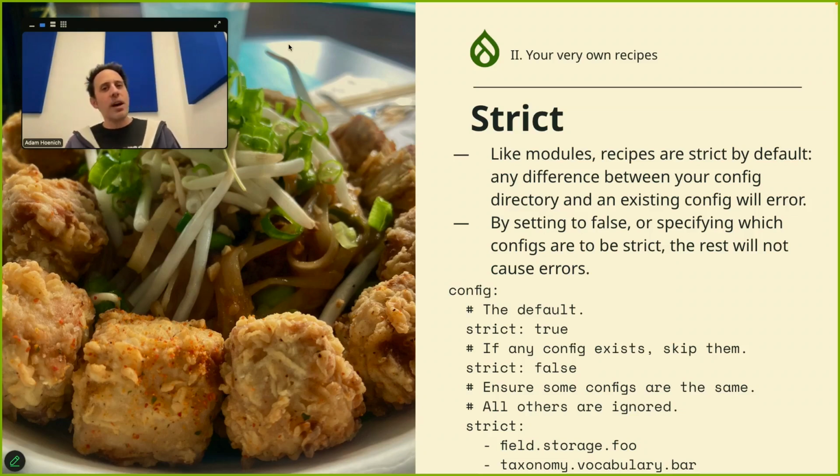If you don't have that entity view display already in your site, the recipe applies, no problem. That entity view display comes in, becomes part of your site, all good. Then you make some changes to it, but then you reapply the recipe, and oh no, you get a big error. There's a difference between what's in active config, what's in your site, and what the recipe has, and that was a major problem.